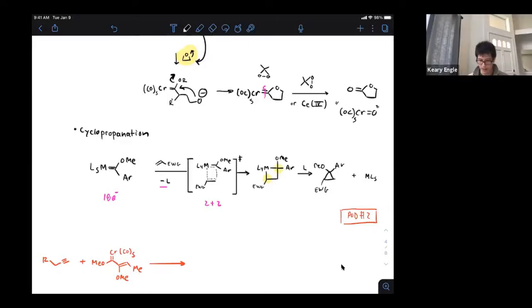I may have this backwards in my notes. I can double check that. The product in either case will be the same because it's a symmetrical cyclopropane. I think what you're saying intuitively seems right.